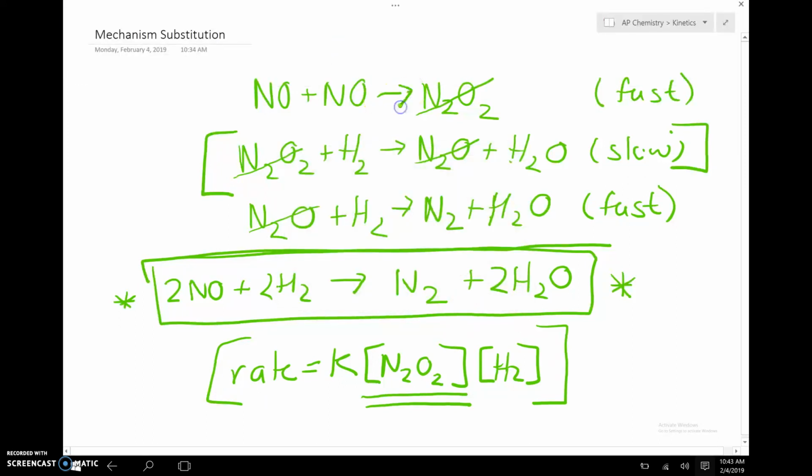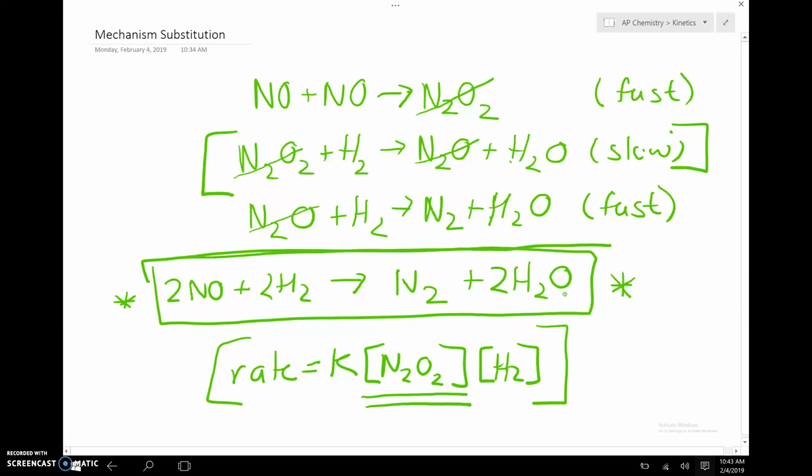If that was the situation where I got this rate law and I didn't have an equilibrium step in my mechanism, then this would just not be a good mechanism. This would not be a correct mechanism because this rate law involves an intermediate and the intermediate is not part of my overall reaction. Therefore, this cannot be the rate law for this reaction.